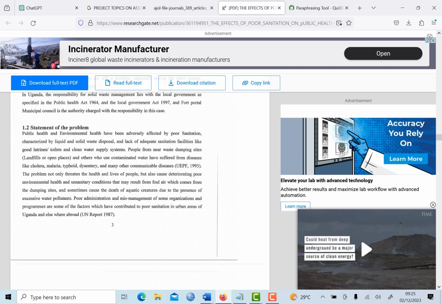First of all, what is this statement of problem doing? It's identifying the problems in the research. That means for a very long time, poor sanitation has been affecting what? Public health.